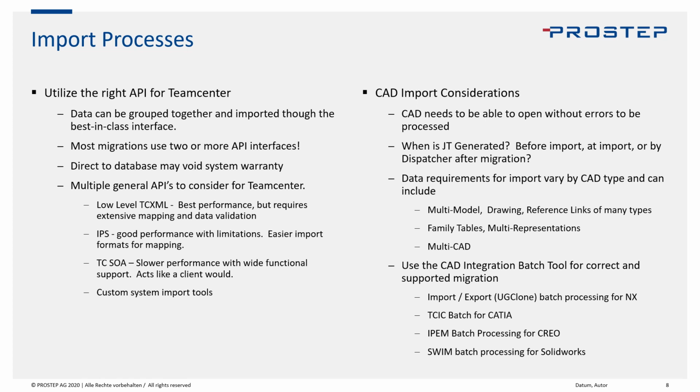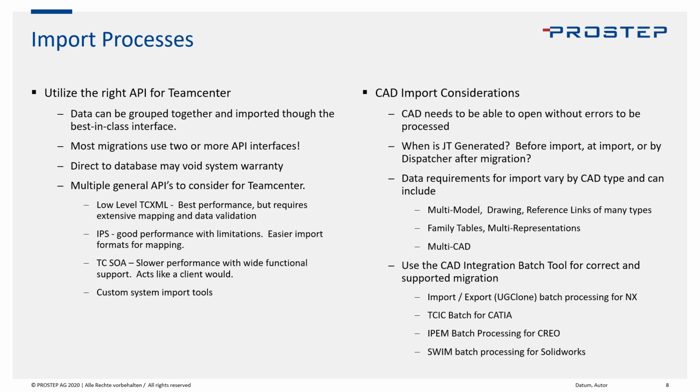In general, CAD needs to be able to be opened without errors in order to be imported. So when you're talking about data cleanup, think about that too. Think about when JT is generated, like we discussed already, if that's before the migration, or with the dispatcher after the migration. Data requirements might vary by CAD type, right?